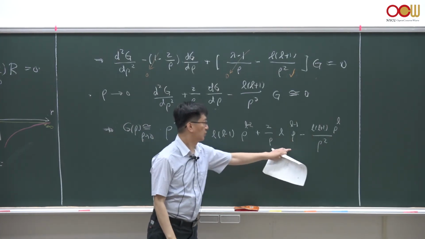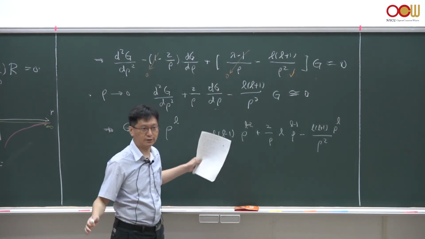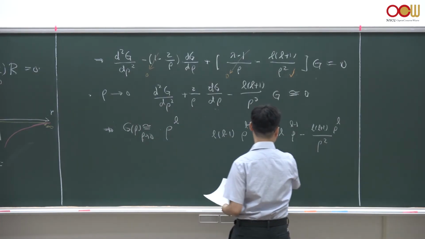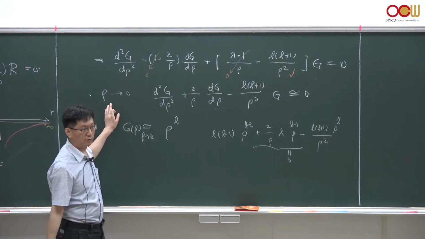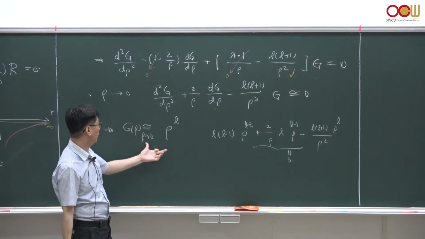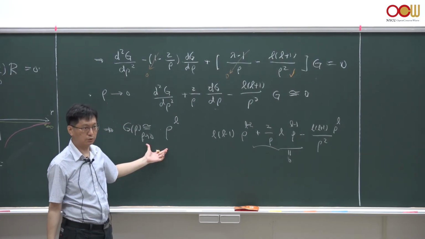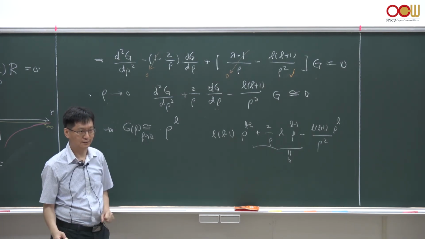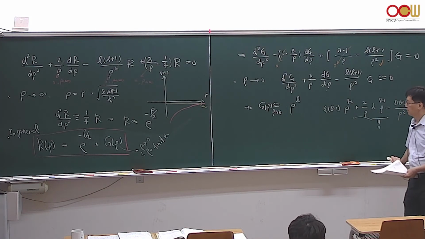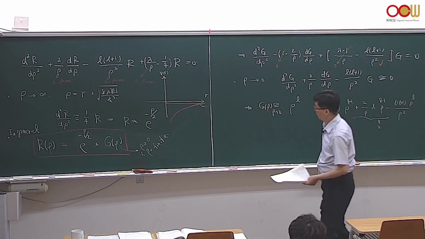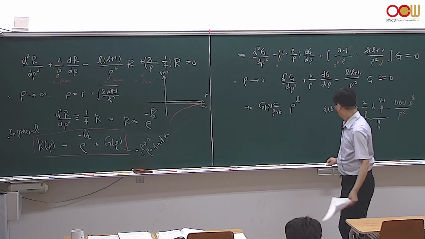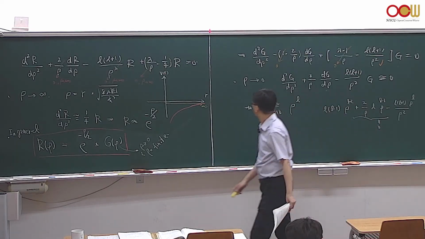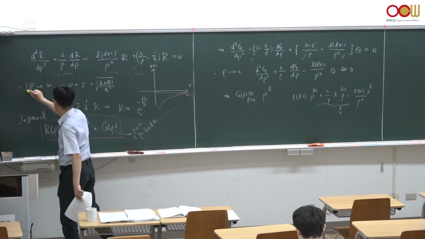You just sum these three terms and they exactly cancel. Therefore, when rho goes to 0, this capital G takes the simple form of rho to the power of L as a solution. We do need that because now we have solutions in two extreme limits. One is when rho goes to infinity, another is when rho goes to 0.